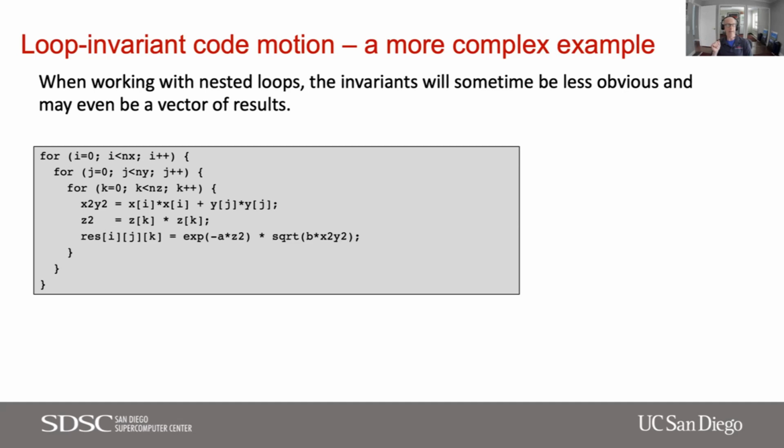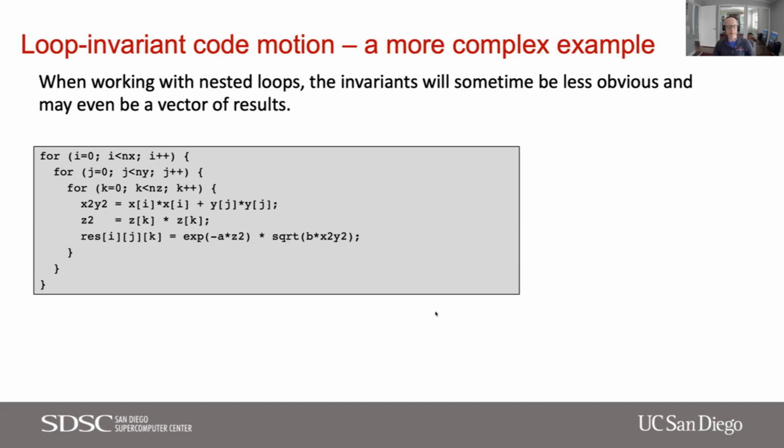So we have triply nested loops, and we're doing a calculation that depends on 3 different positions, the x, the y, and the z. So you'll see within a loop, we do calculations on x sub I, y sub j, and z sub k. So we're taking data, we're making contributions to a 3D grid, and that is the array res. So in this case, res of I, j, k, and it has that dependency on x, y, and z.